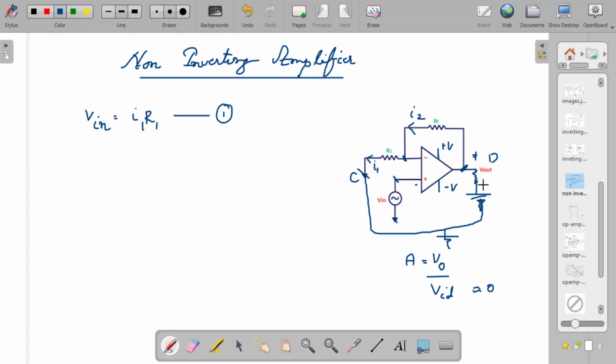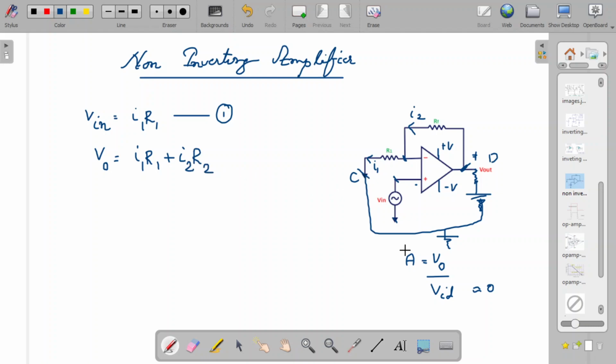So the voltage between the points D and C is actually equal to V output, VO, and that should be equal to the voltage existing in the parallel network. So I can write VO as equal to I1 R1 plus I2 R2.